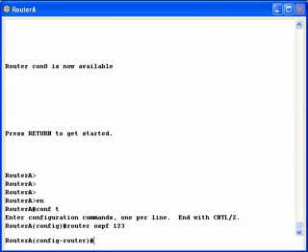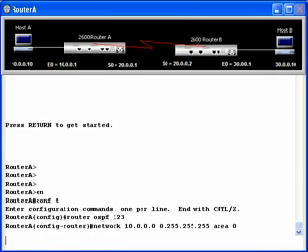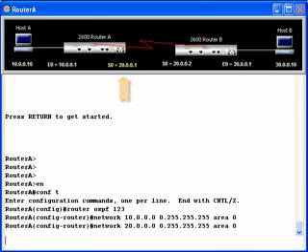Process ID can range from 1 to 65,535. 10.0.0.0 is the network ID. 0.255.255.255 is the wildcard mask. 0 is the area number. Similarly for network 20.